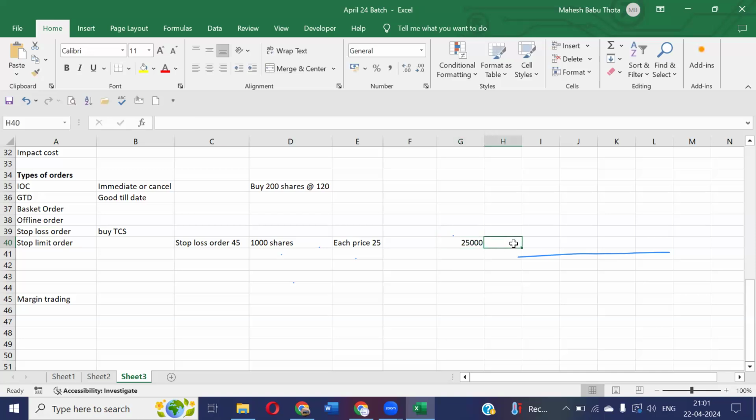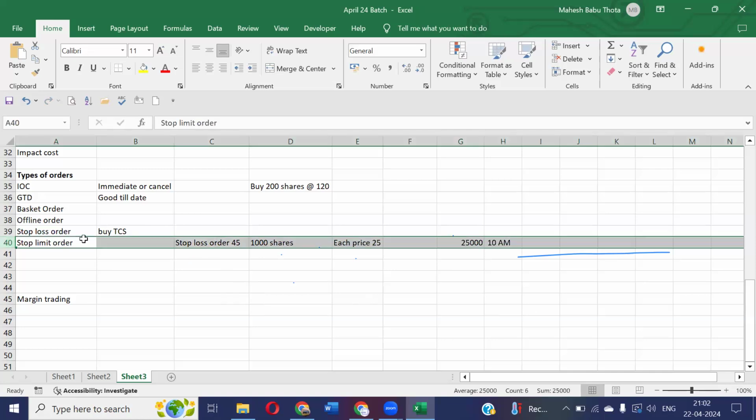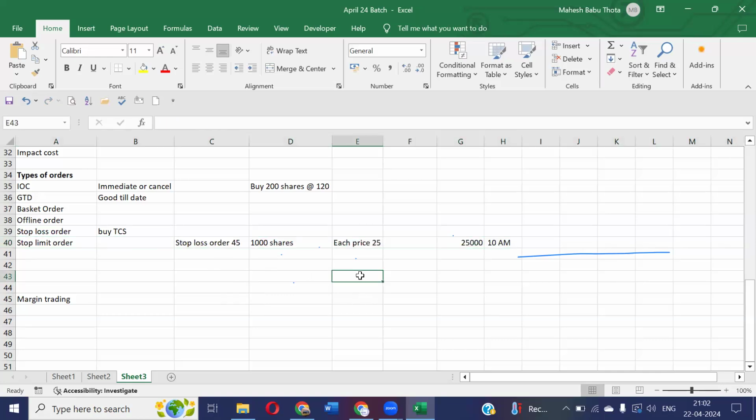This is in the morning, let's assume 10 a.m. I'm pretty sure that the security price may go down, but I want to sell the securities at a better price. So I'll keep a limit. I'm giving a limit of 23 rupees. Stop loss order, I'm giving 22 rupees.